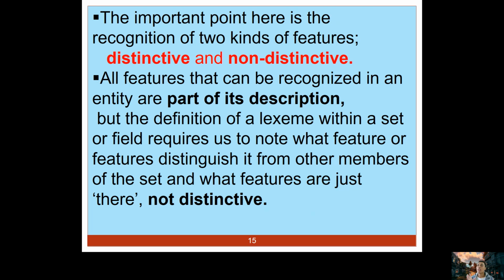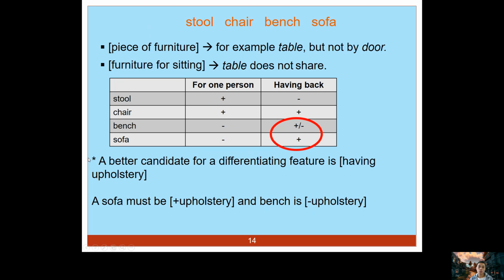So we must be careful how we use our vocabulary, because if you are talking about a chair, it means for one person, and it may or may not have a back, but depending on our vocabulary, you must choose stool, chair, bench, or sofa.